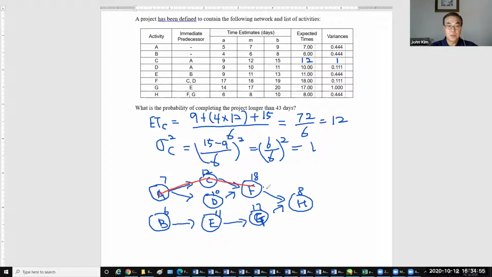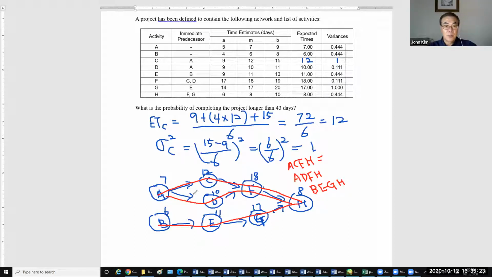One here, that is A, C, F, H. One more here, A, D, F, H. And the last one, this path, B, E, G, H.